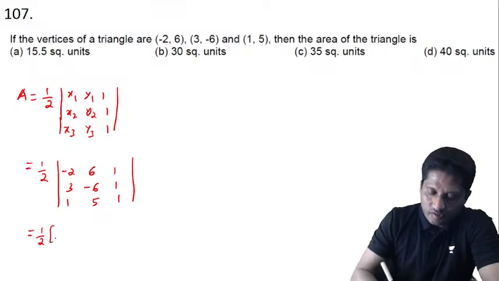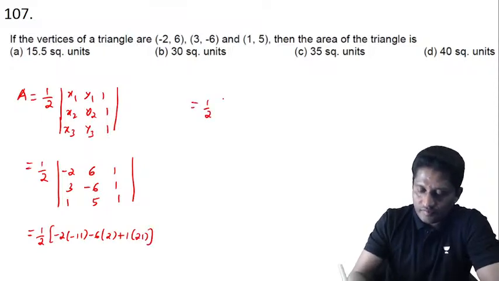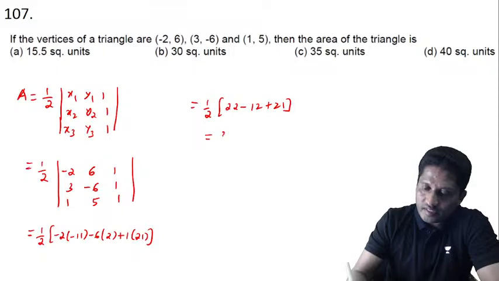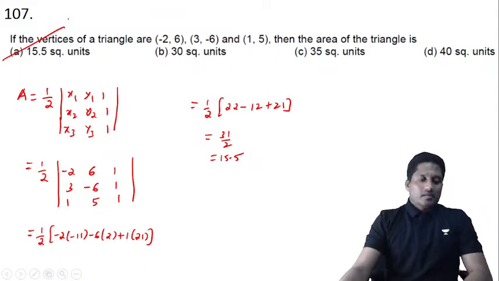Delete first row, first column, you get minus 11. Delete first row, second column, you get 3 minus 1 is 2. And then you get 15 plus 6 is 21. Half of this is 22 minus 12 plus 21, which is 31 by 2. 31 by 2 is 15.5 square units. Answer is option E.